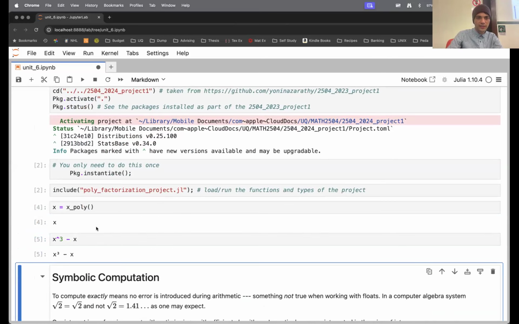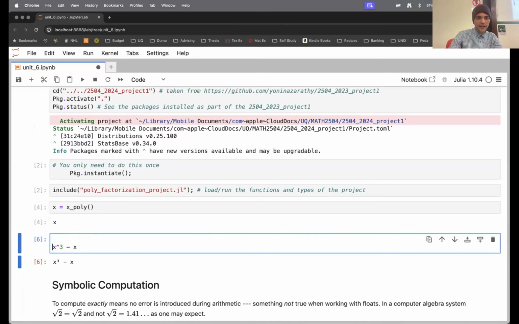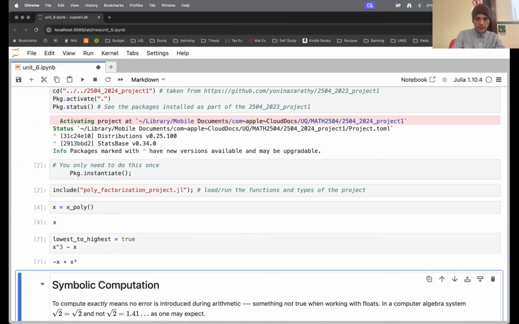Okay, so now what I need to do is, what's the flag called? Something like print reverse equals true, lowest to highest. Okay, show me that yours does this. It says there's no global variable defined, so there should be something in Julia.